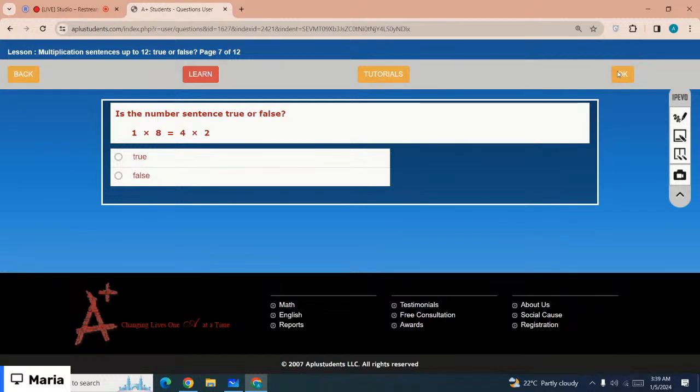Is the number sentence true or false? 1 times 8 equals 2 times 4. Which is the correct option?